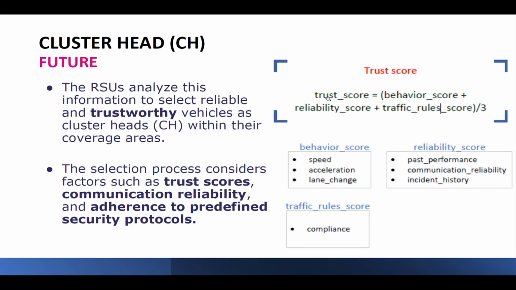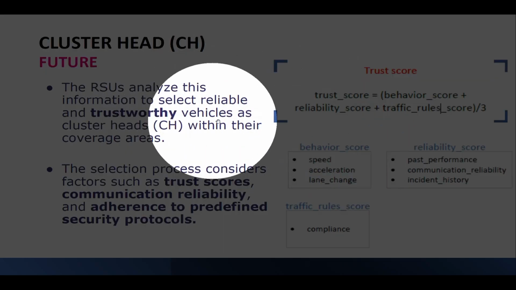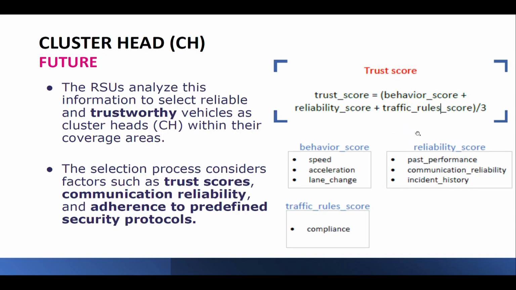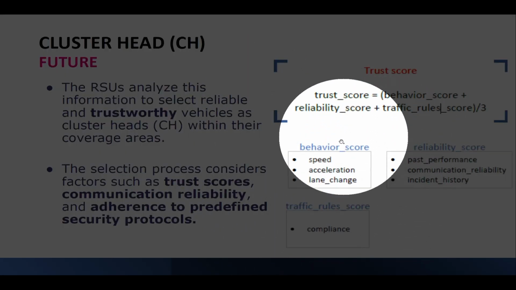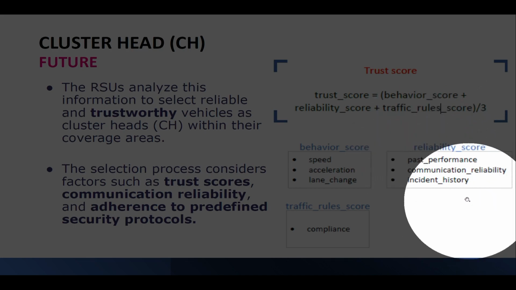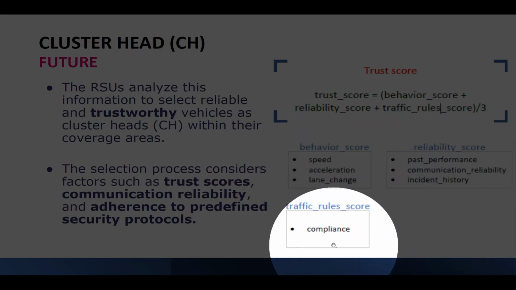We need to compute the behavior score, the reliability score, and the traffic rules score. To compute the behavior score, we need speed, acceleration, lane change; for the reliability score, the past performance and communication reliability; and the traffic rule score, the compliance.